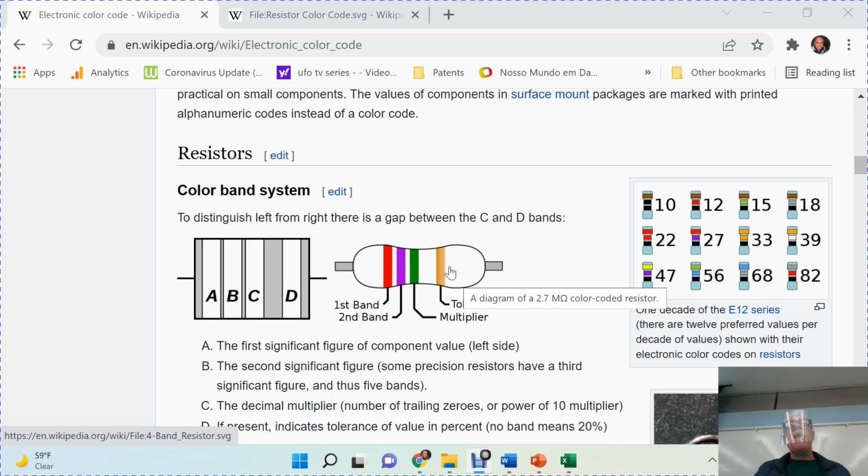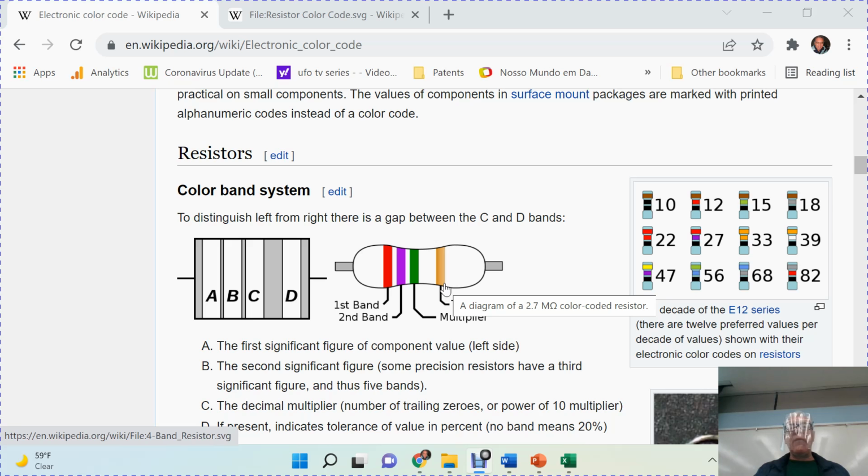With five color bands, there will be three significant digits. The rest is the multiplier, the power of 10: 10 to the zero, 10 to the first, 10 to the second, 10 to the third. Again, each color represents an integer number. And the last one is the tolerance of the resistor.